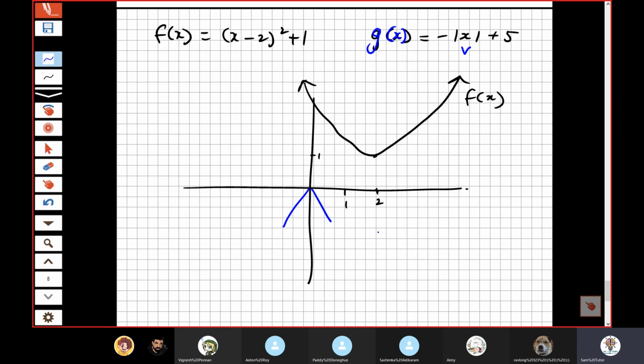And then plus 5. Then we go up by 5. So 1, 2, 3, 4, 5.